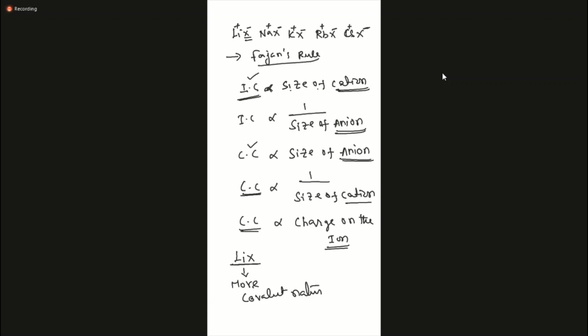Lithium halides are more covalent in nature, but CsX is what type of nature? Ionic in nature. Lithium halides are more covalent in nature, CsX are more ionic in nature. Please note this point. I'll tell you some more detail now.